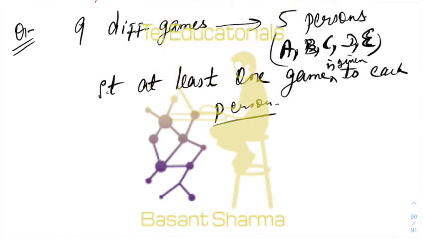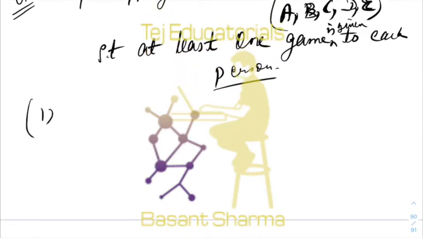First part is, if there is no other restriction, then what is the number of ways of distribution?